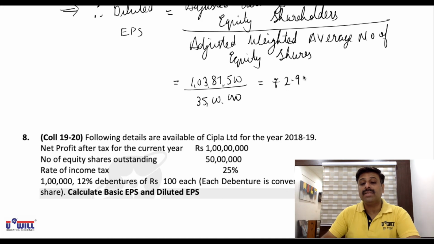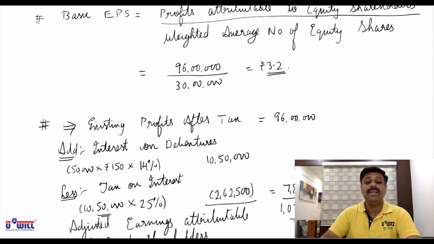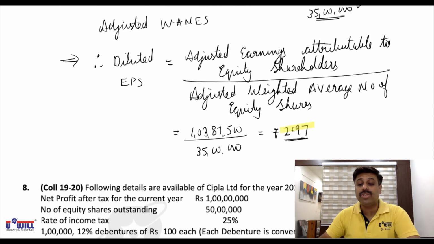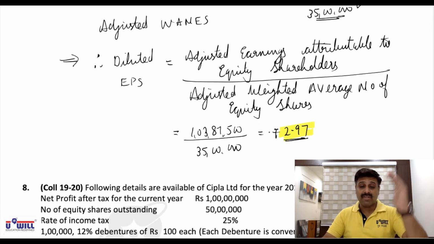See, does the EPS fall down or not? Presently, what is the basic EPS? Presently, the basic EPS is 3.2. But in future, if debentures get converted into equity shares, it will fall down to 2.97. That is the reason, because it will fall down, it is called diluted EPS.